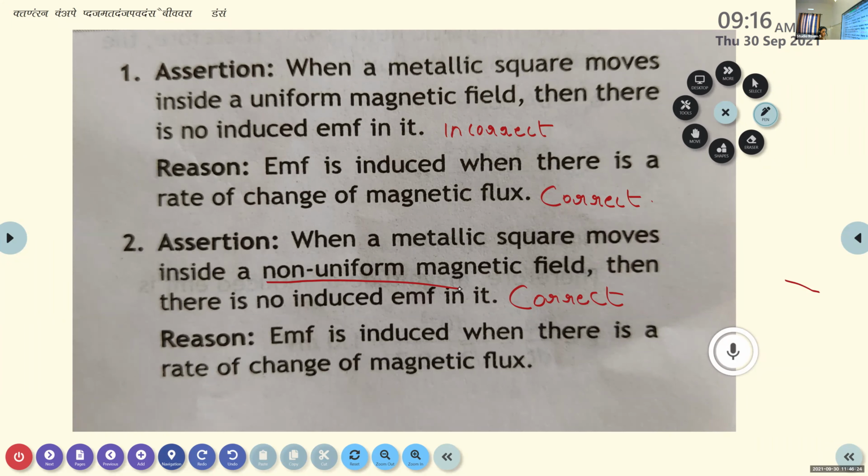True. It is also correct. So here assertion is true, reason is true. Please check whether this reason is the correct explanation for the assertion or not.